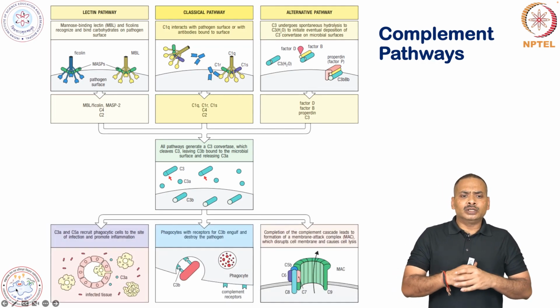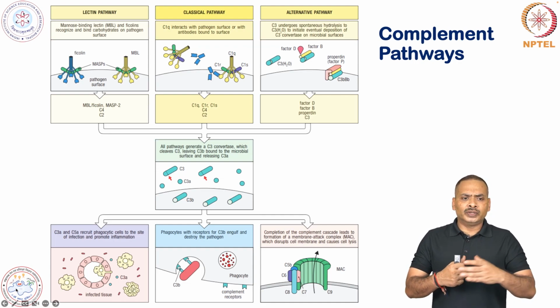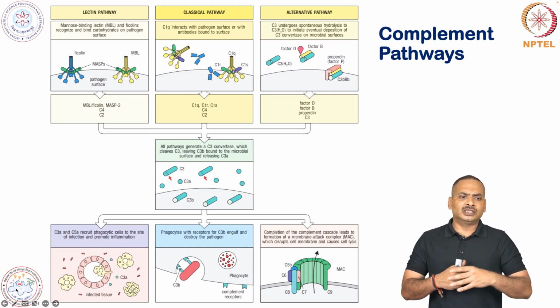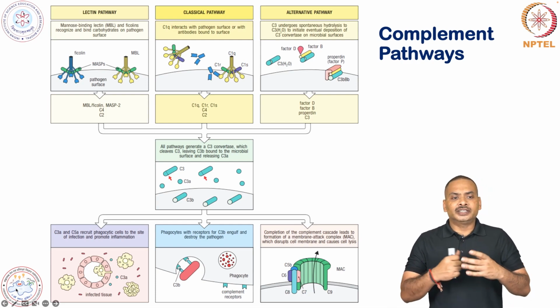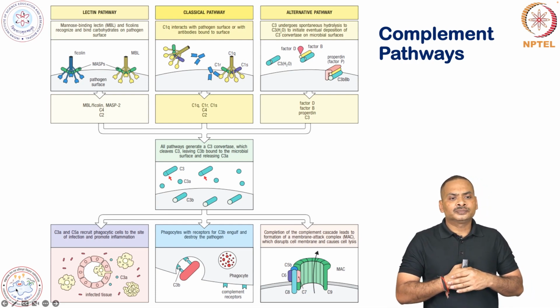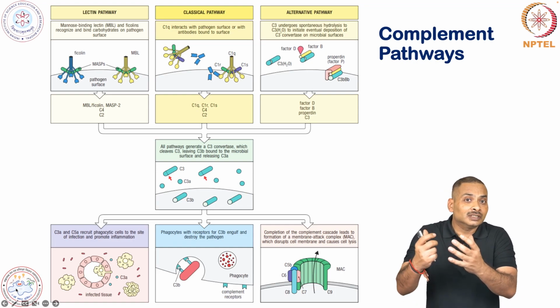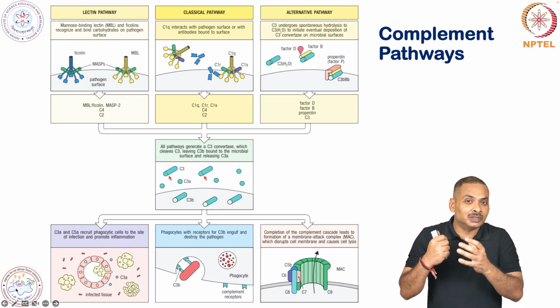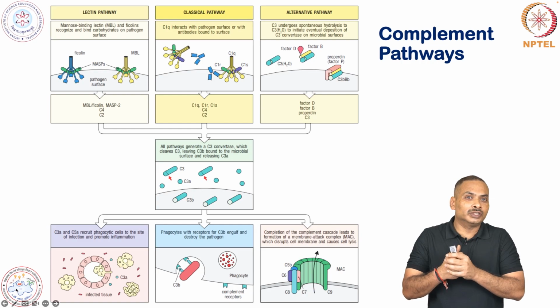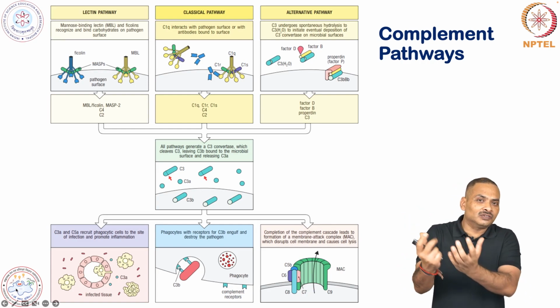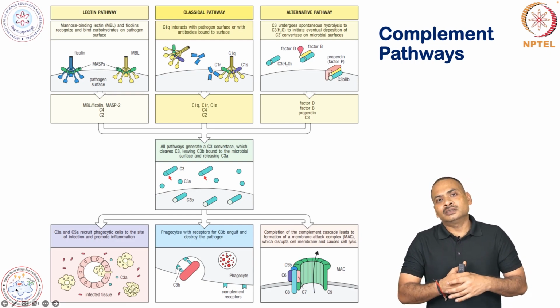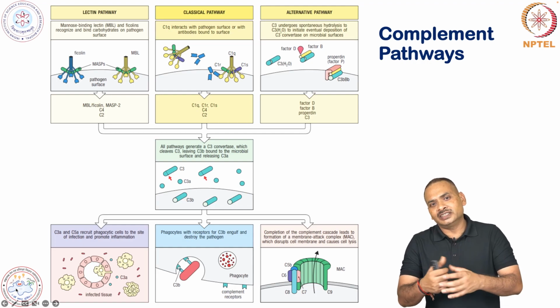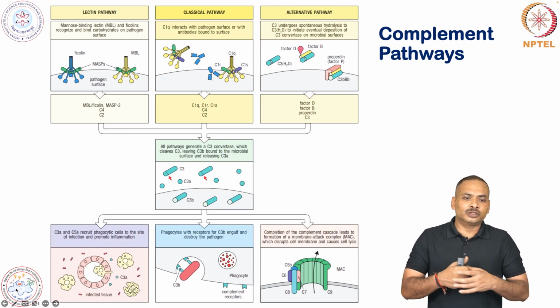Various things will happen. For example, C3a and C5a recruit phagocytic cells. Please remember, these are inflammatory molecules. This inflammation attracts the phagocytic cells, and once attracted, they clear the microbial pathogen.